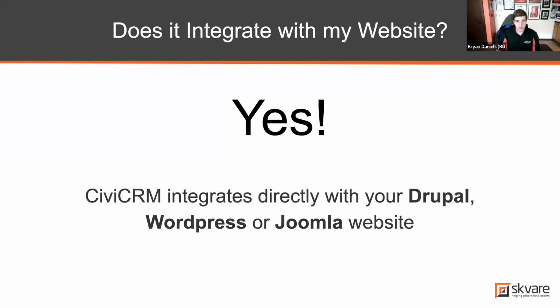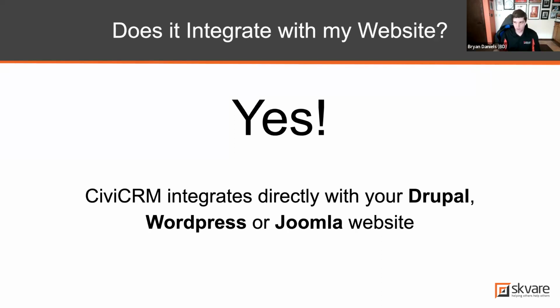So integrating with your website, it works with other open source content management systems, primarily Drupal, WordPress, and Joomla. So if your website is built in Drupal, WordPress, or Joomla, you can install CiviCRM in it and start using it today. Now, each one of these content management systems has its own advantages.